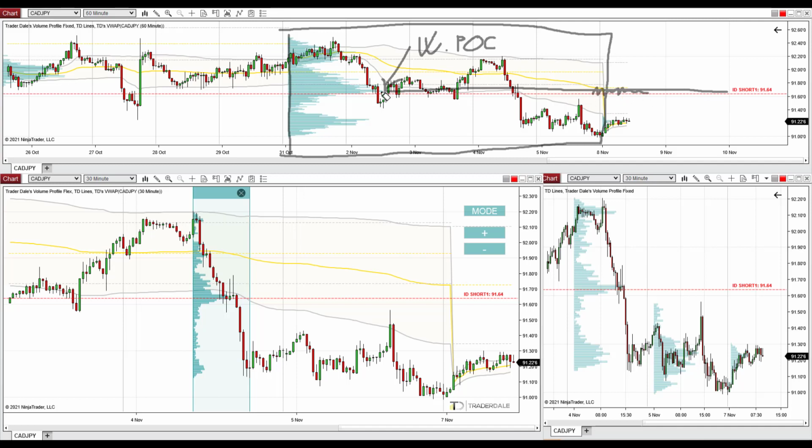So the weekly point of control definitely adds strength to that level, which we have in here, to that resistance at 91.64. All right, so it's a nice confluence of a volume profile trading setup, the trend setup, and the weekly point of control, which points to the heaviest volumes traded in the previous week around this price level.